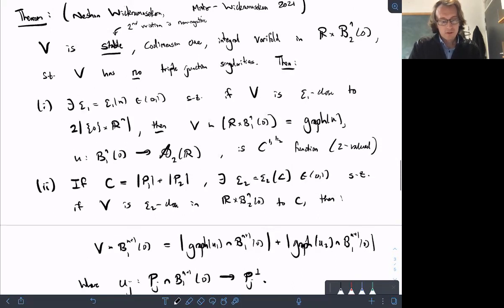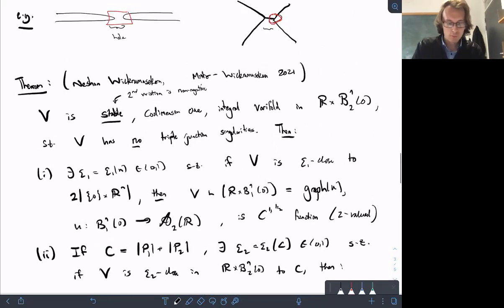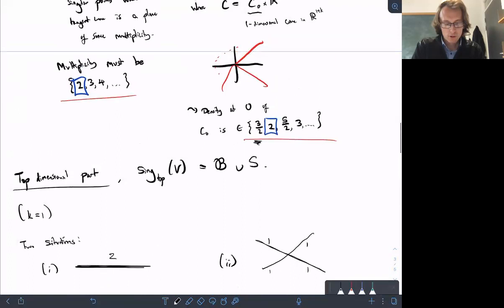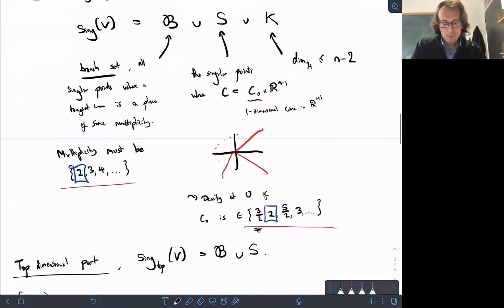So what this tells us is that in the stable codimension 1 setting, if we rule out triple junction singularities, we understand the top dimensional part of the singular set, where for singular points, we have a tangent cone, which is a multiplicity 2 plane, or a sum of two hyperplanes.